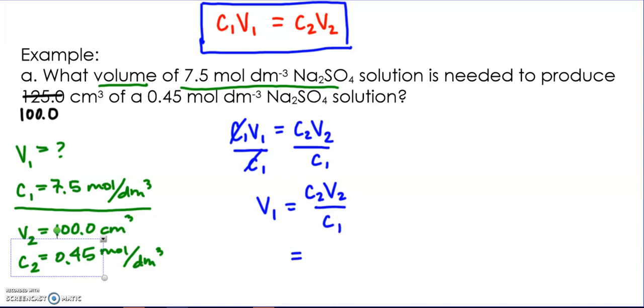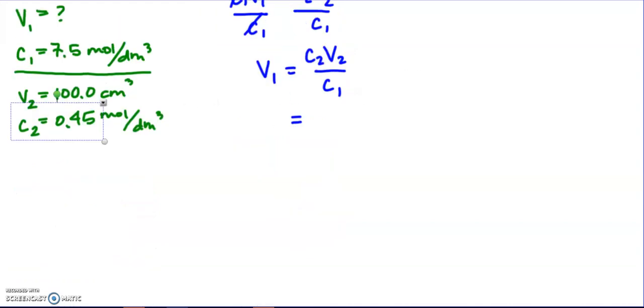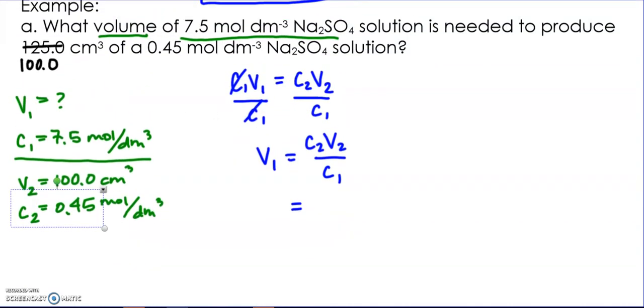Now I can plug my values in. So I've got 0.45 moles per decimeter cubed times 100.0 centimeters cubed. And if you're thinking, hold up, decimeters cubed, centimeters cubed, it's not going to cancel. Just wait.